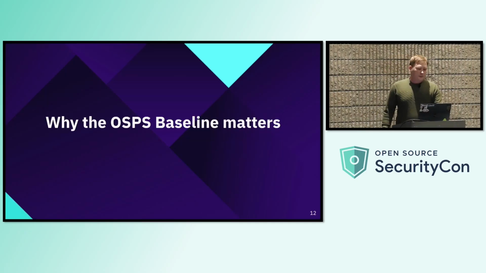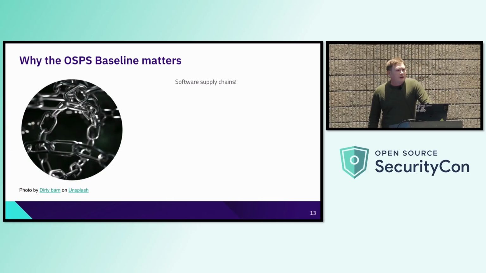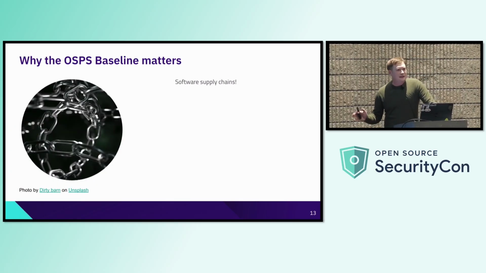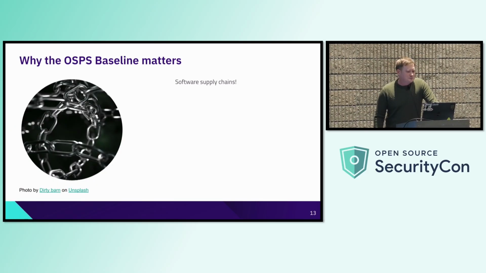So why does it matter? You ever heard this thing called a supply chain? It's kind of this neat idea I came up with. Like software supply chains have been in the news and in discussion just constantly, right? And it makes sense, right? You've got all these important open source projects like the Linux kernel, the Firefox browser, or you have these big commercial applications. They're like 97% open source under the hood, right?